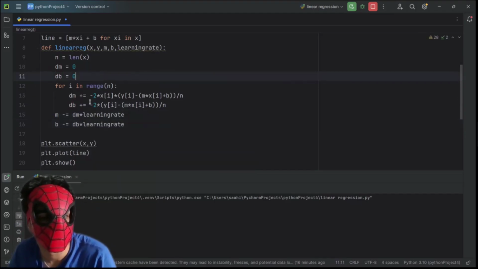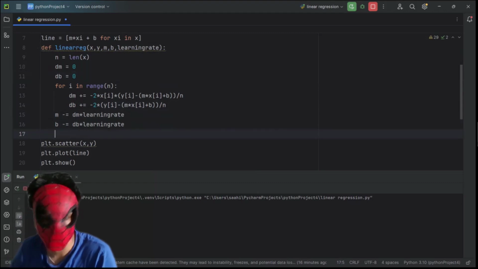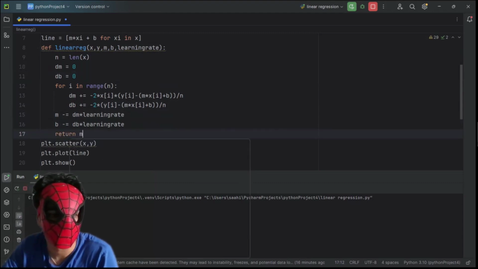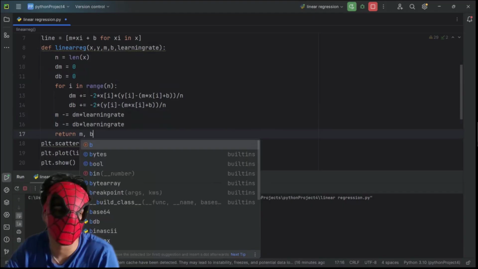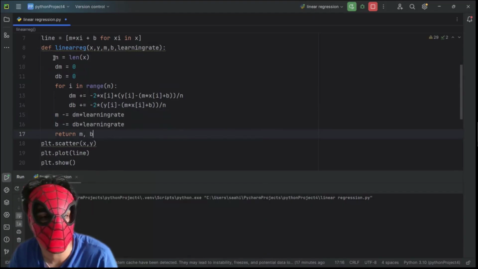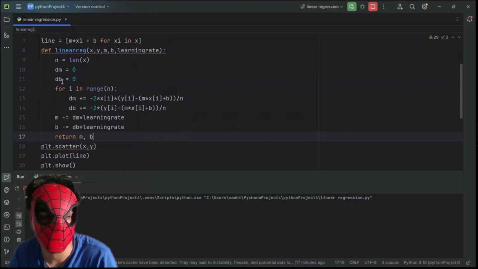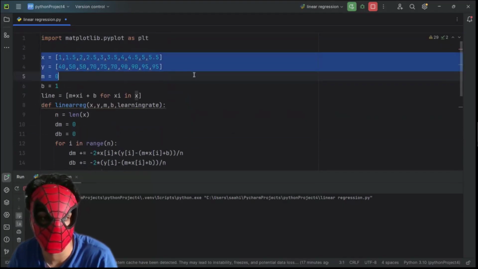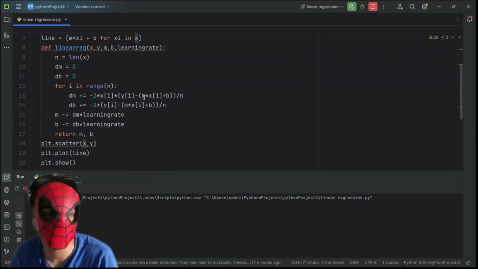And okay, we can return our M and B. Okay, so what we have done so far is we've trained the model by going through the data once. In machine learning, you want to train the model by going through the data multiple times. This is the concept of epoch.